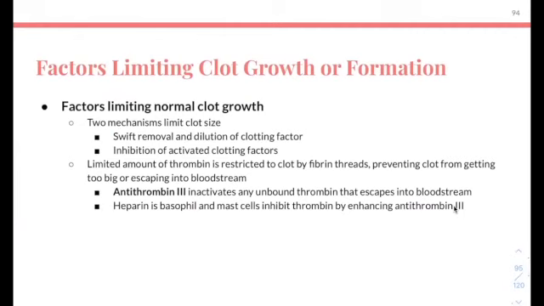There are different factors that limit normal clot growth. We don't want those clots to get too big. So we also want them dissolved completely. We don't want them being broken off and released into the bloodstream, because that is what can cause stroke.